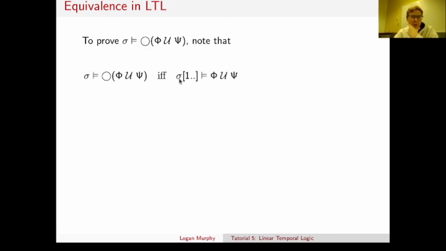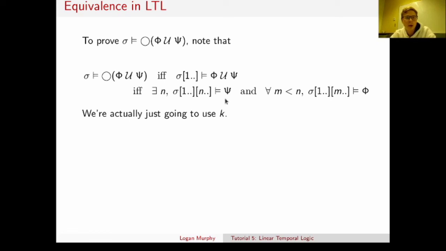If we unfold the next operator, we get sigma 1 satisfies phi until psi. And then unfolding the until operator, this is the statement that there exists n such that sigma 1 and then n after that satisfies psi, and for any m less than n, sigma 1 m satisfies phi.